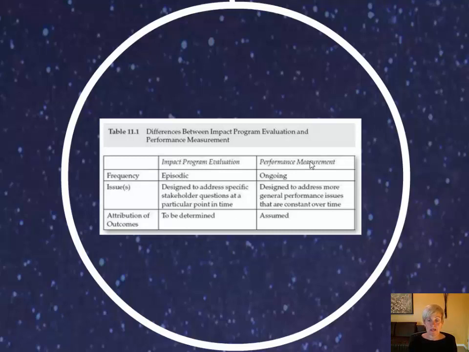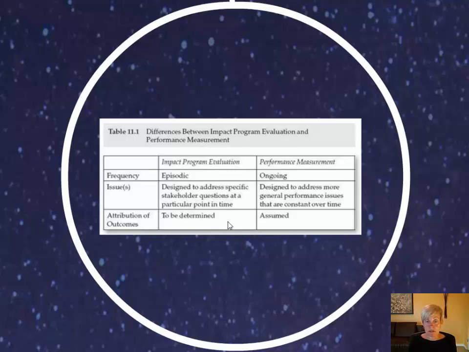If you are working for an institution that's really quite institutionalized, they want to do some things better within that organization, and they're doing an evaluation within that organization, then you might work with some performance measurements. But quite often when you're looking at external type funds, you're almost always looking at an impact program evaluation.